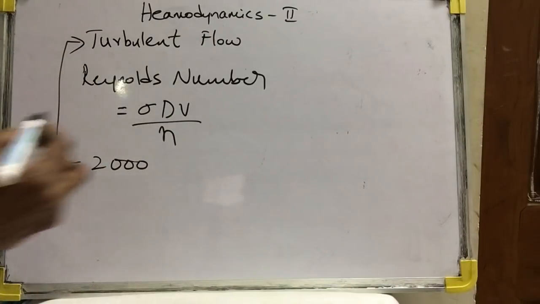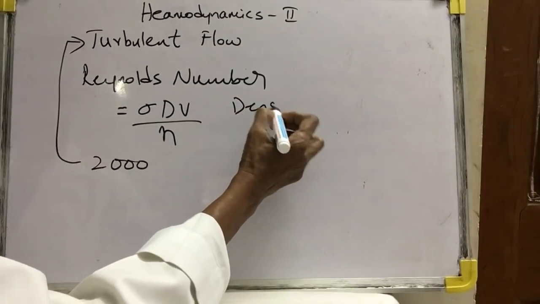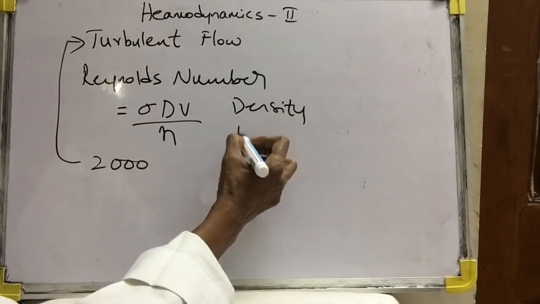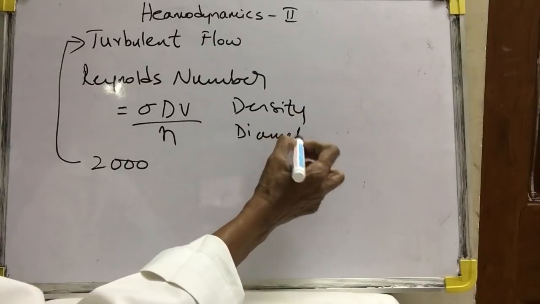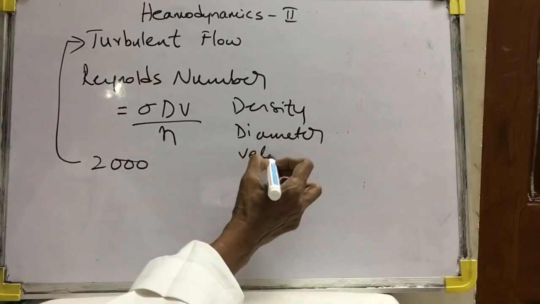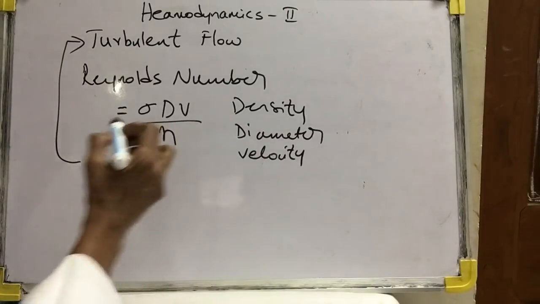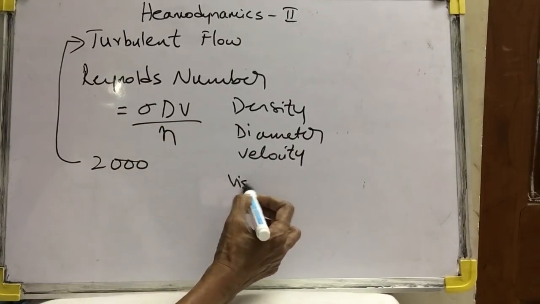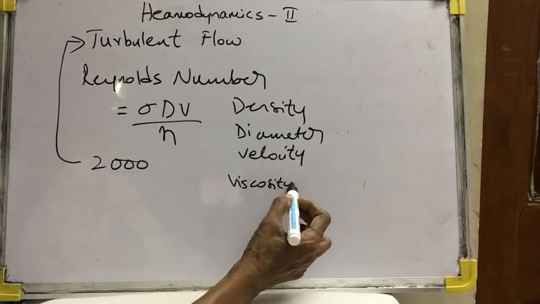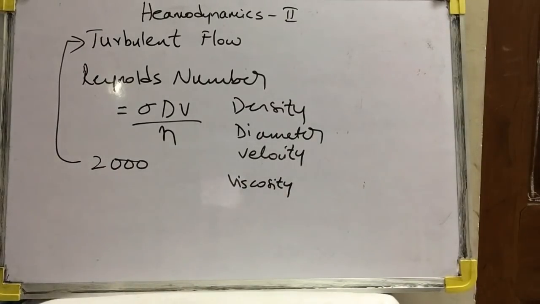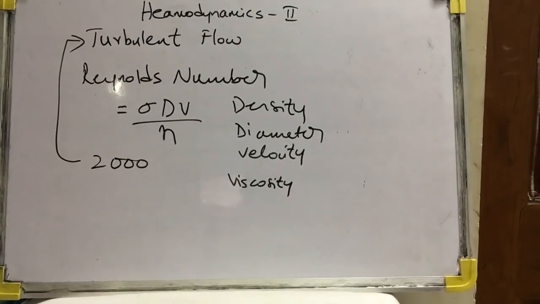It is calculated by density into diameter into velocity of the blood flow, and inversely proportional to the viscosity. That means if the viscosity is less, then there will be turbulence of the blood flow.